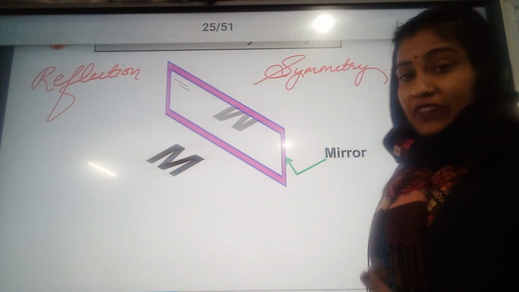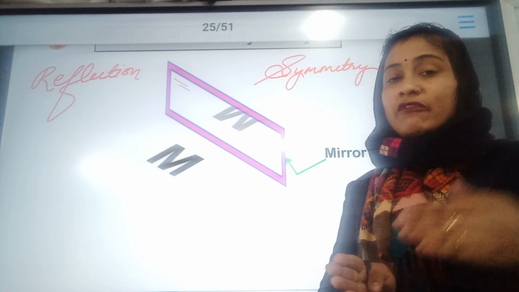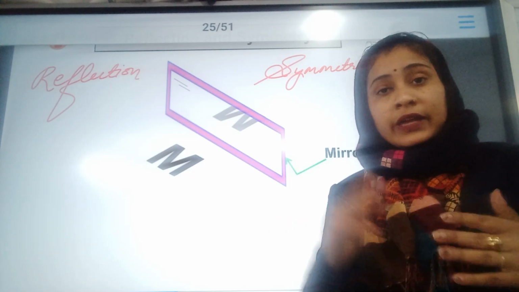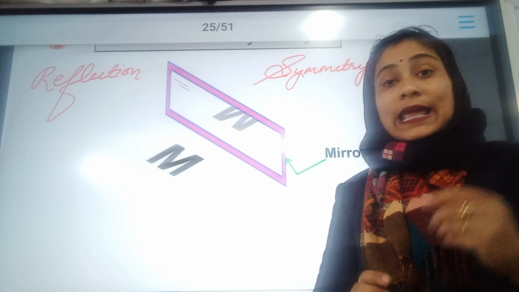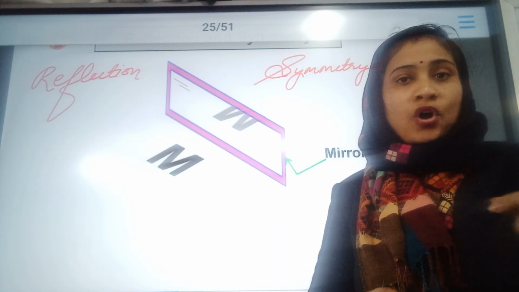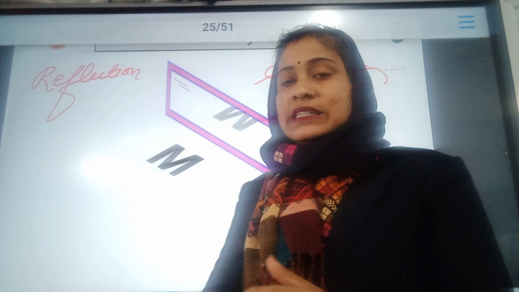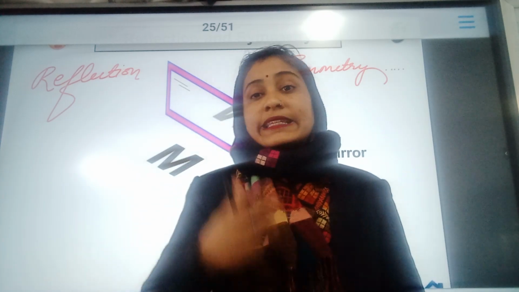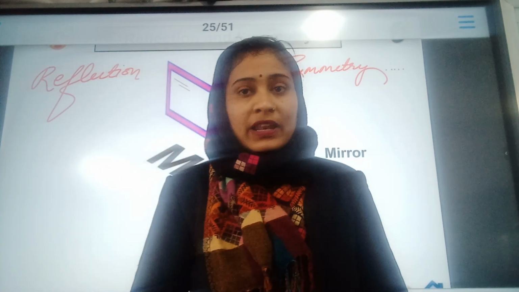If an object is kept in front of the mirror, the image which is formed in the mirror is exactly the same as the object. As a normal example, when we look at our face in the mirror, we see exactly the same face in the form of an image.